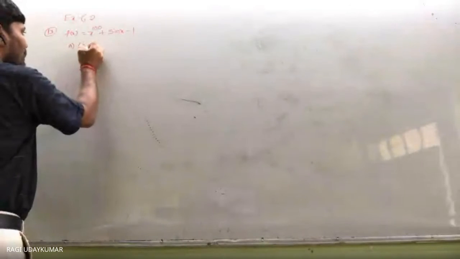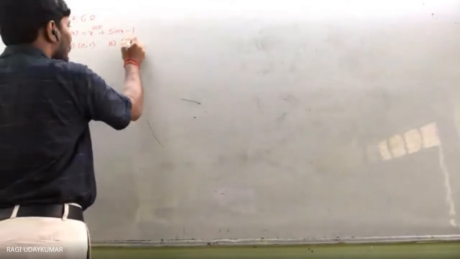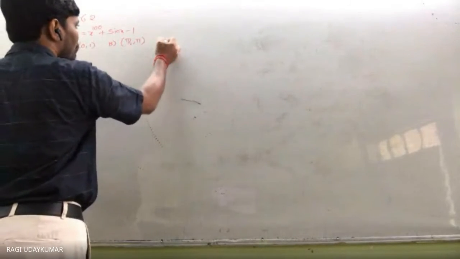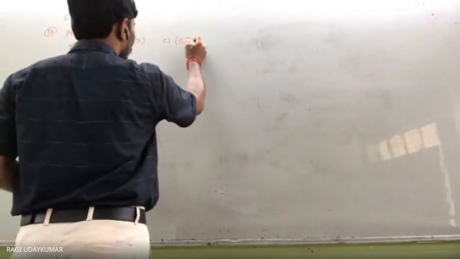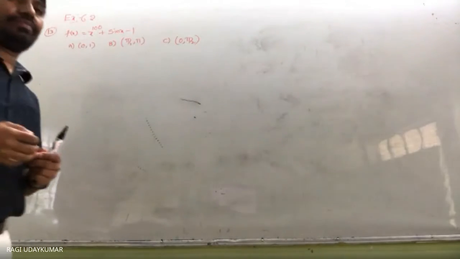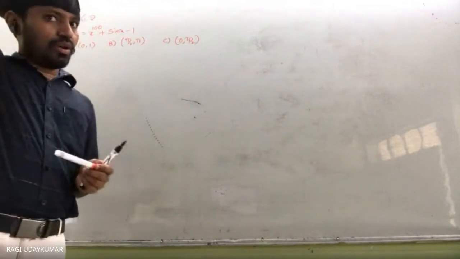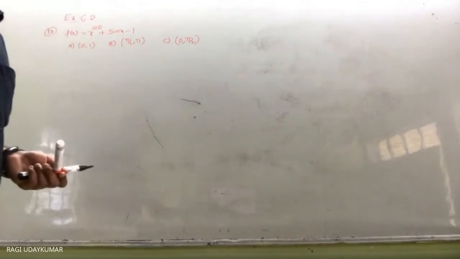A is the interval 0, 1, B is the interval pi by 2 to pi, C is 0 to pi by 2, and D is none of these. So normally, what to do here?